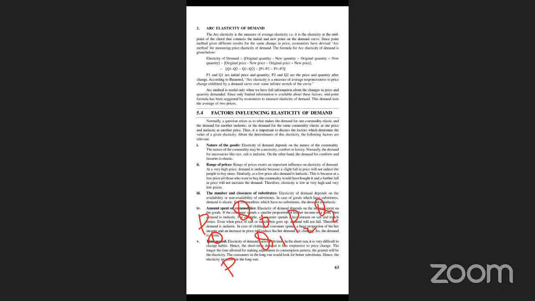Now, when you use these numbers to plot a graph, you will find the curve to be in the arc shape. Unlike the previous type, point elasticity, where it is a straight line and a particular point on this straight line divides the whole line into two segments, here arc elasticity forms the shape of an arc.